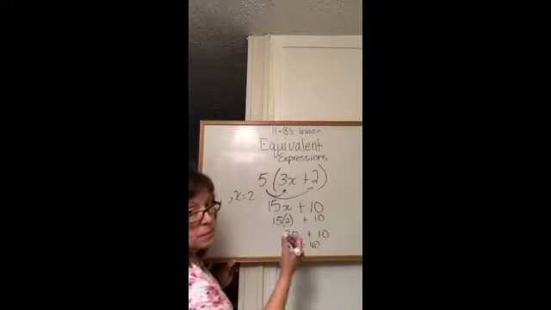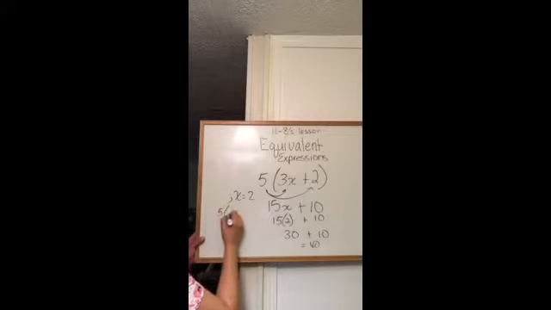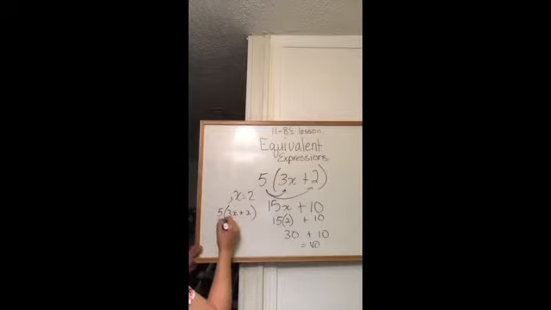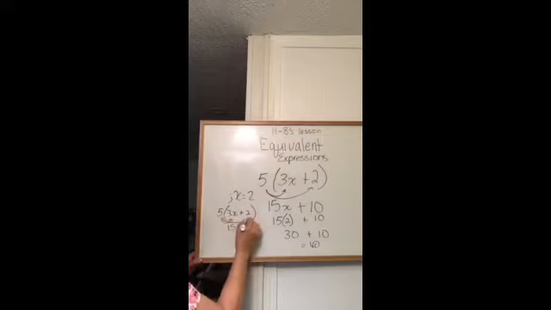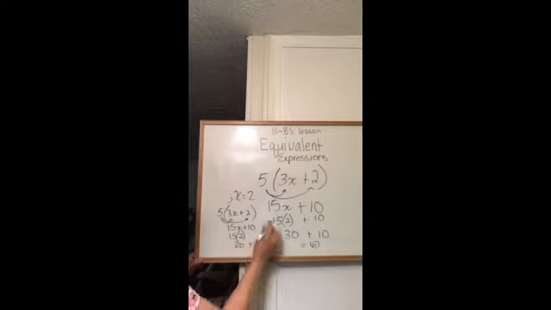Let's look at the other one, 5 times 3x plus 2, and again, when x is 2. 5 times 3x, that's 15x. 5 times 2 is 10. 15 times 2, 30. And you got your plus 10, the same thing.